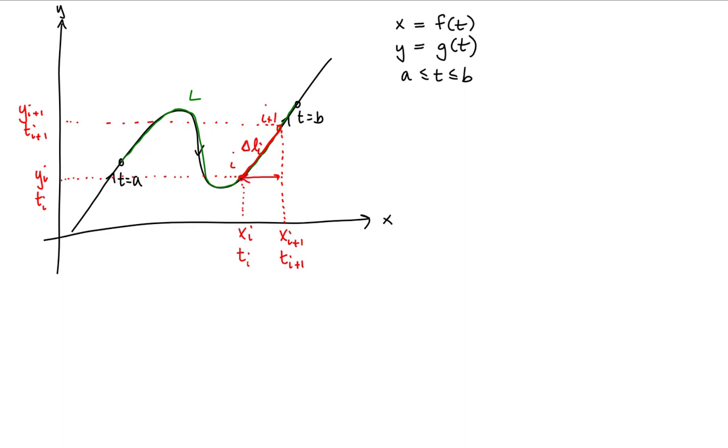Between the i and the i plus 1 point, the change of our x-coordinate we'll define as delta x sub i, where delta x sub i is just defined to be x at the point i plus 1 minus x at the point i.